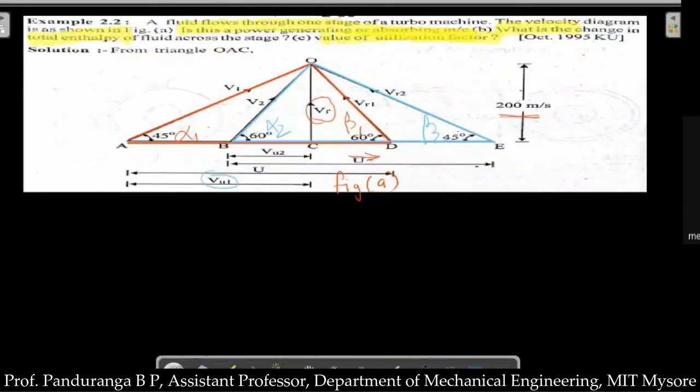First, let us list out all the data. So data in this problem are: Vf is given as 200 meter per second. Then alpha 1 is given as 45 degree.